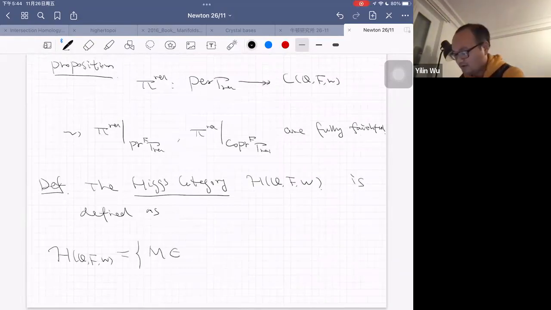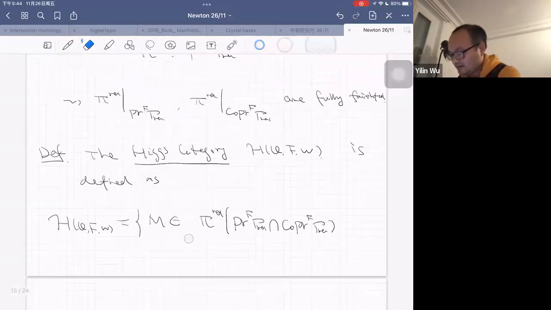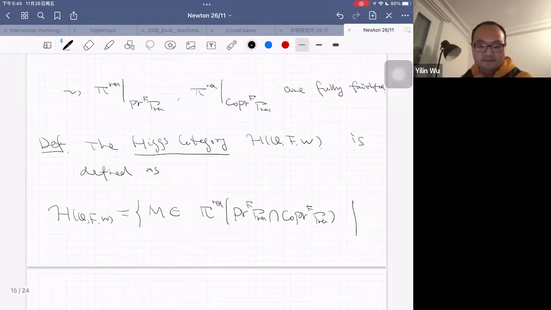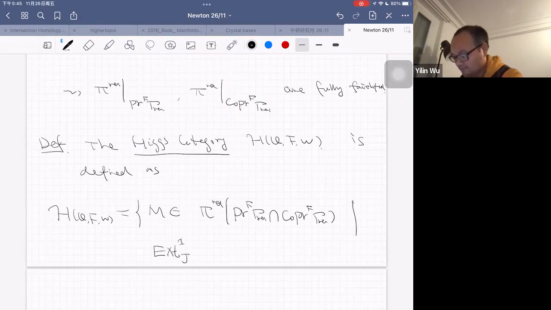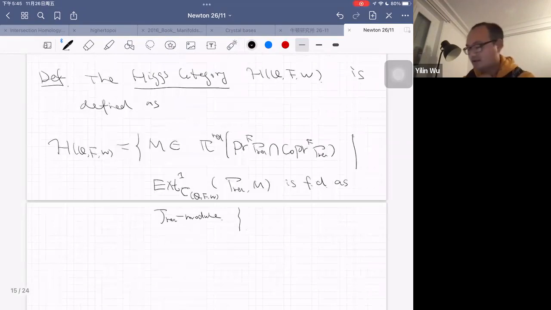It consists of M in the image of these two intersections, so M is in this category and M also satisfies these finite dimensional properties: it is finite dimensional as a relative Jacobian algebra module. So this is the definition of the Higgs category.